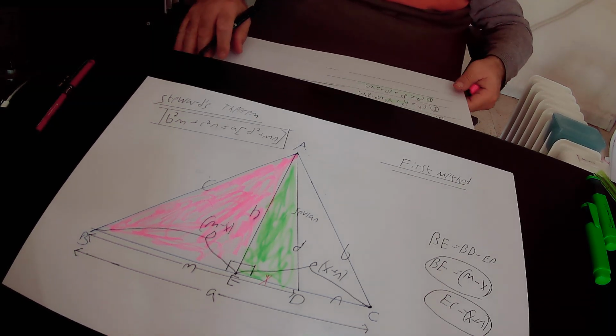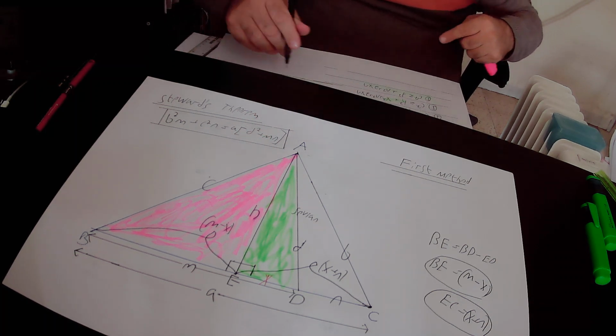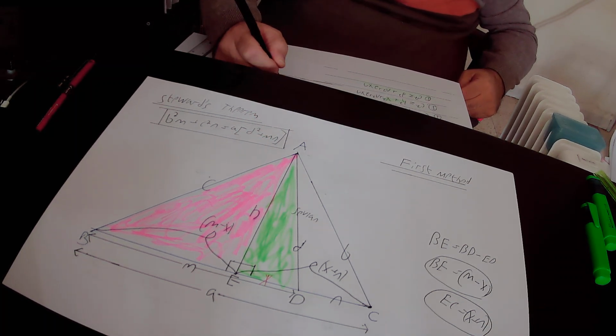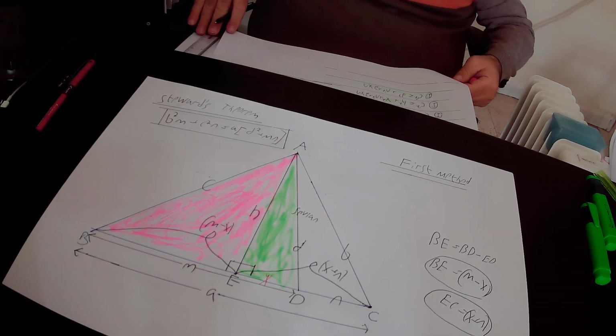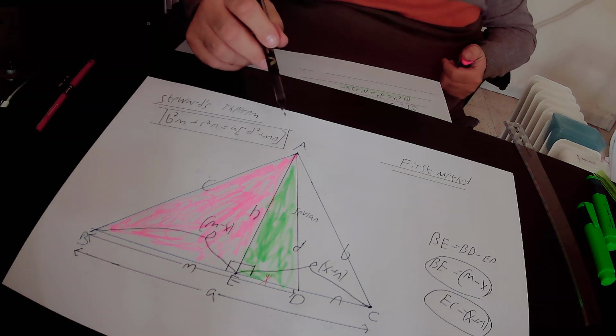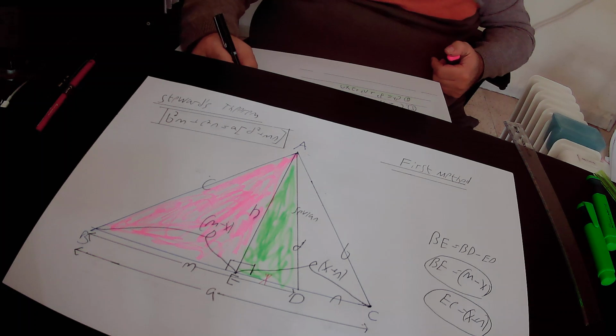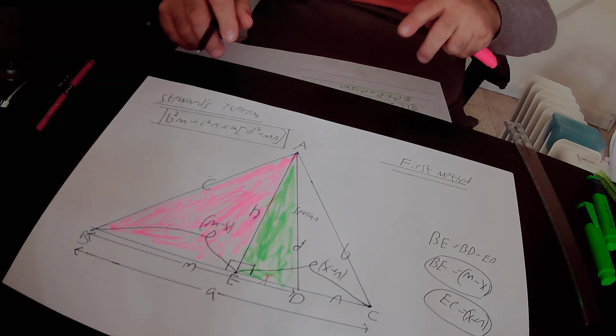So AB equals C units in length, therefore AB square equals C square. This is equal to AE square. AE equals H, therefore AE square equals H square, plus EB square.